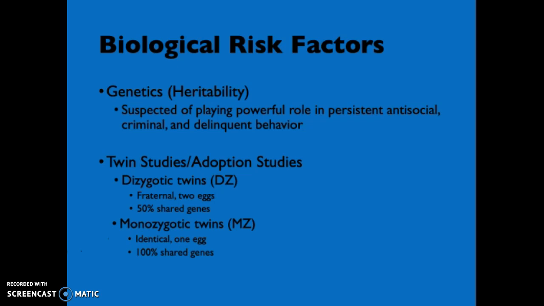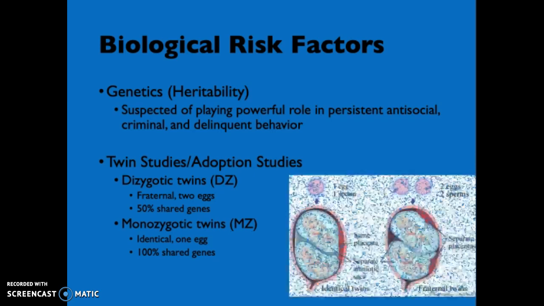Next, we have monozygotic or identical twins, meaning that they were one egg and eventually split into two babies. And so they have identical genes, 100% shared genes, and not surprisingly, they look the same.